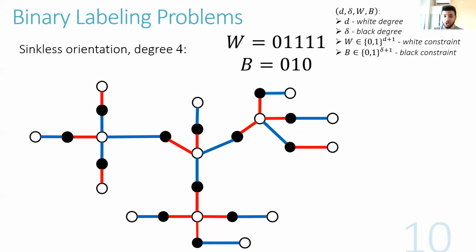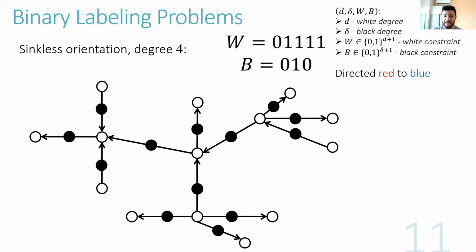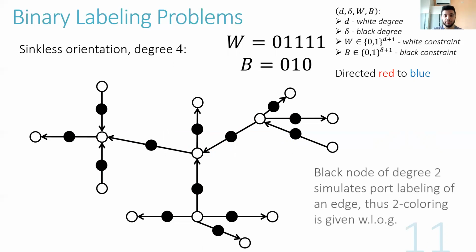And so after they solved the binary labeling problem described here, they could just direct red edges to blue edges, thus giving them a valid solution to sinkless orientation, because every white node has at least one outgoing red edge.